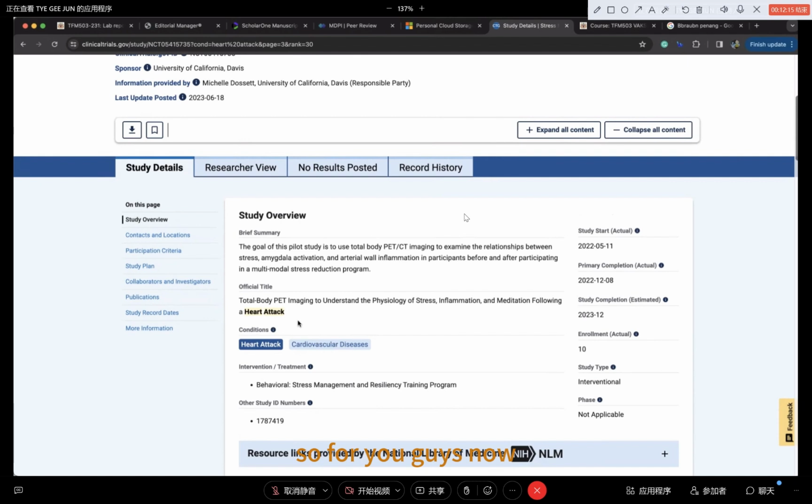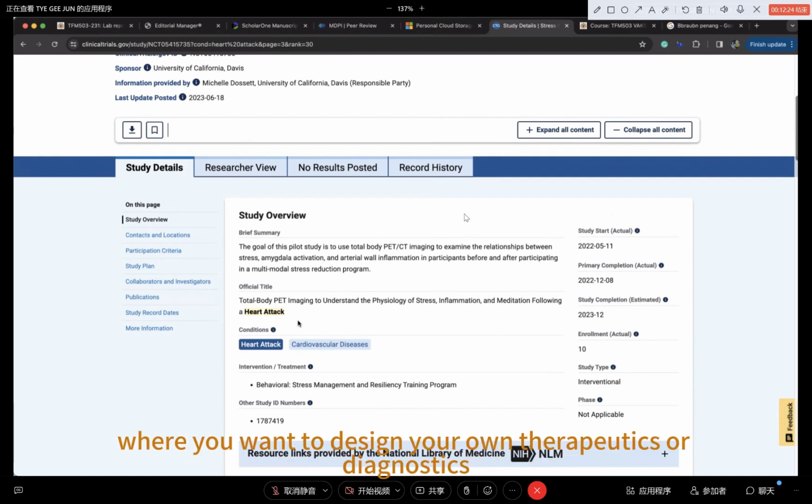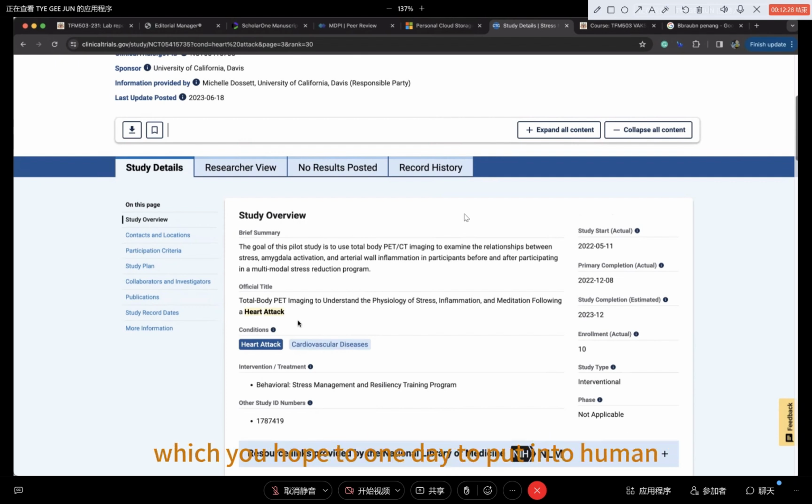For you guys now, maybe you feel that this is not really my problem, but it is very crucial, especially when you are at a level where you want to design your own therapeutics or diagnostics, which you hope to one day put into humans. You should actually have a look at this because it gives you an idea of how you need to plan your work from the beginning.